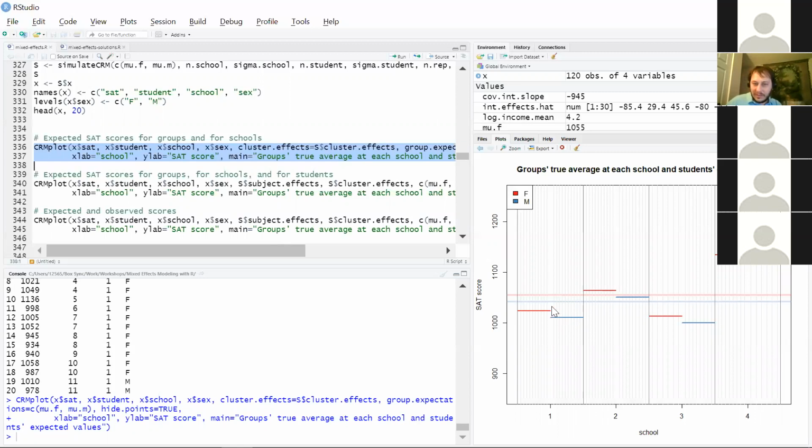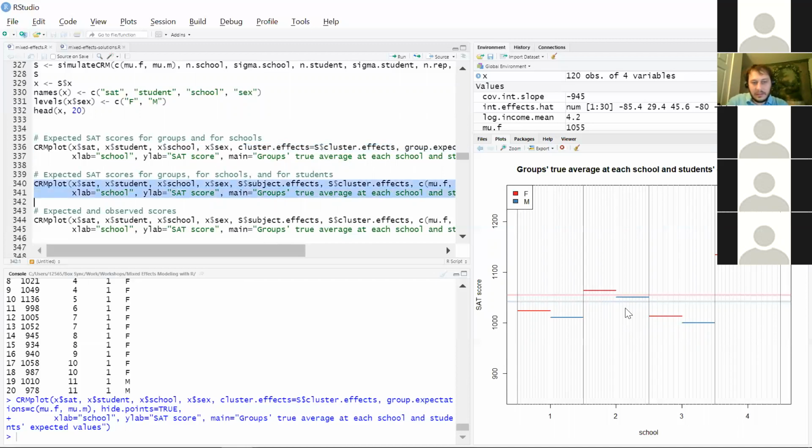Every school has its female expected SAT score and male SAT score that differ from the true lines by some effect that pushes both the red and the blue lines up or down by some amount, and those amounts are random, normal with mean 0 and variance sigma squared. I think I'm calling them sigma squared school, or sigma dot school, in the script here.